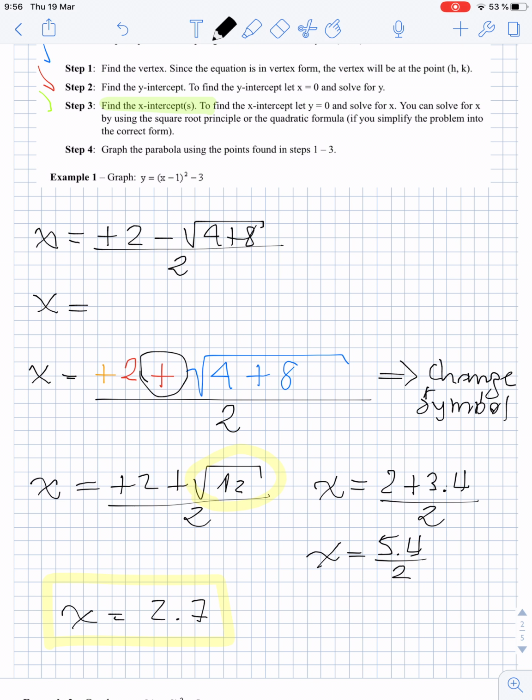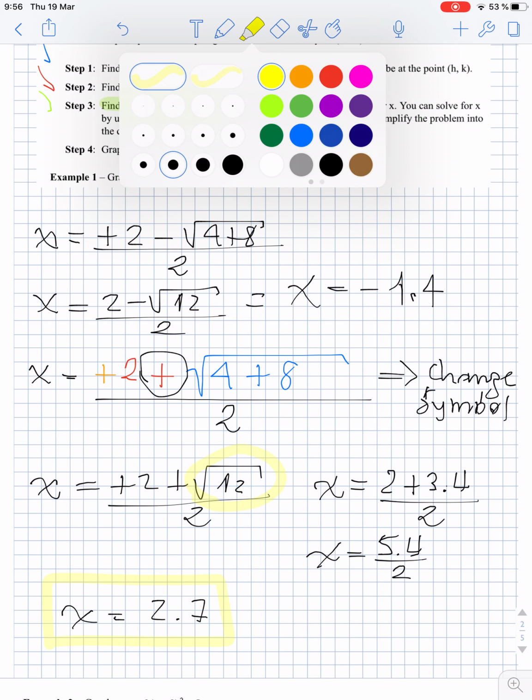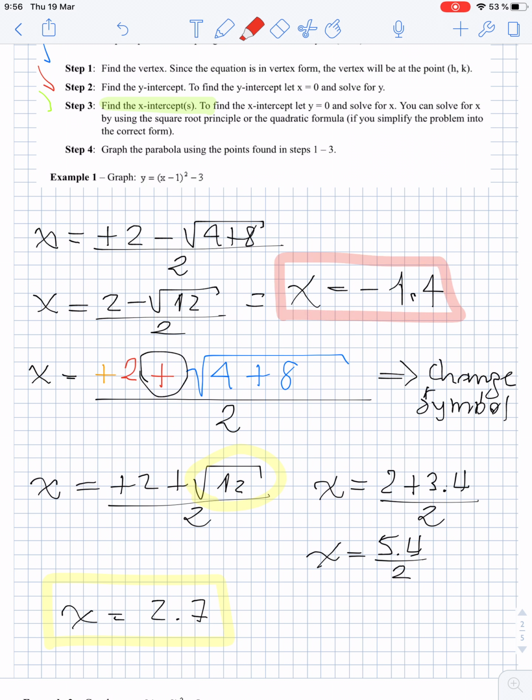X equal 2 minus square root of 12 divided by 2. And do this process, that is going to be negative numbers. Therefore, this root is going to be a negative number, okay? I'm going to say 1.4, but you need to find the exact value, okay? Take in mind, I am doing approximation.